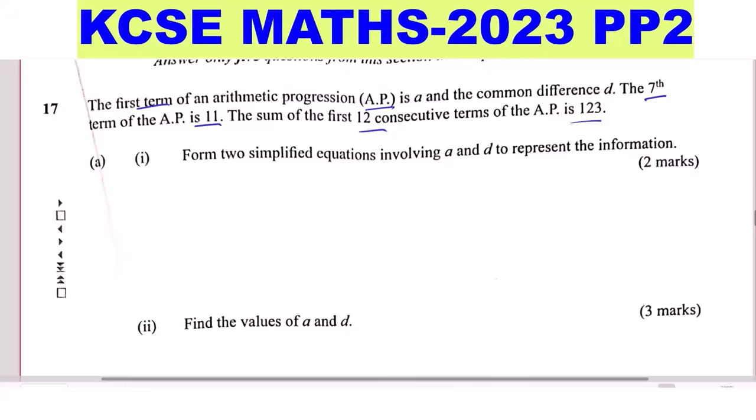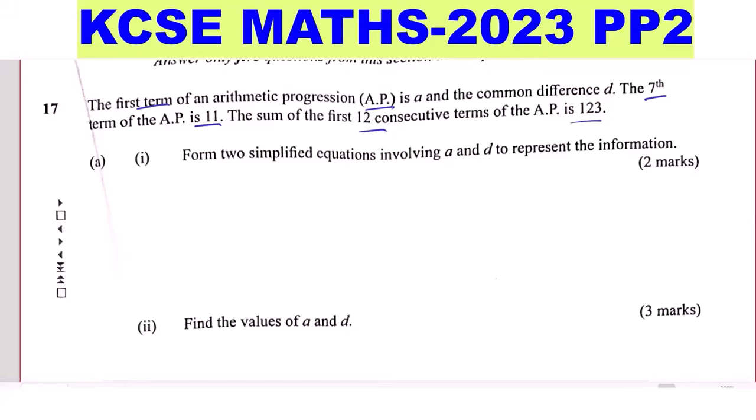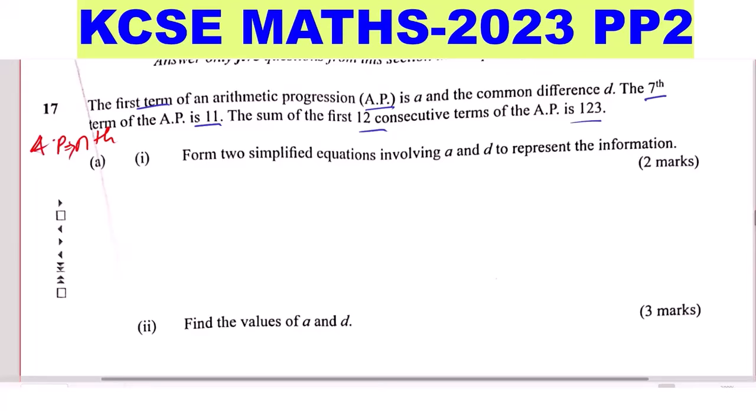So the first thing that you need to understand is how do we get the nth term of an AP? It is given by a plus (n minus 1) d. For instance, if you want to write the seventh term, n will be 7.